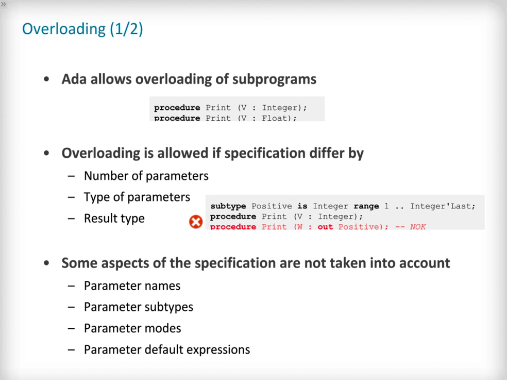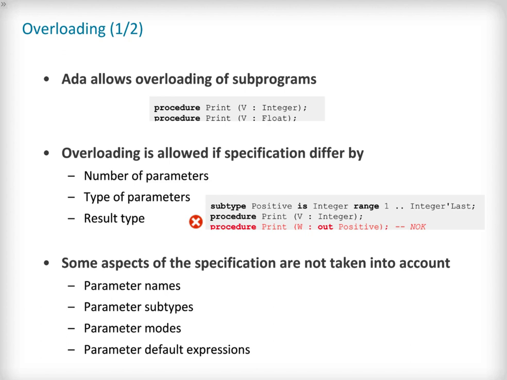Overloading is a technique that allows providing several signatures for the same subprogram name. It is very convenient when you want to do something a little bit different depending on the parameters that are passed. For example, here I have a print subprogram, and in my design, print should be printing something on the screen, and I should be able to use the same print name whether I'm using an integer object or a float object.